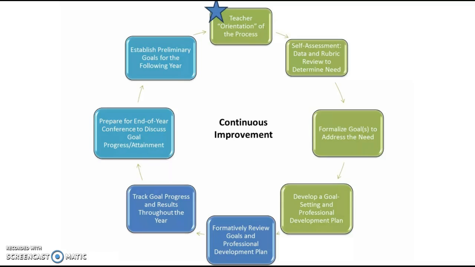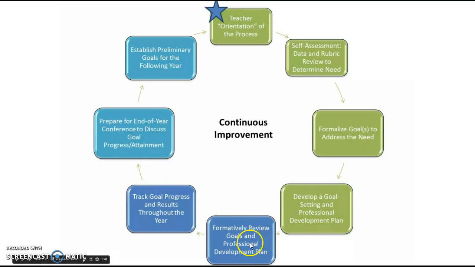Think about that. Earlier this summer, all the administrators, we went through goal development and goal writing to help us in our reflective processes and to help us continually improve. And we're going to do the same activities as a faculty in August. So then we will develop our goal, and we will have a professional plan in place, and this will be done as a faculty but also individually, and you will work with your evaluator on this.